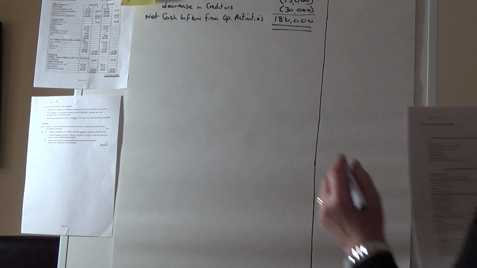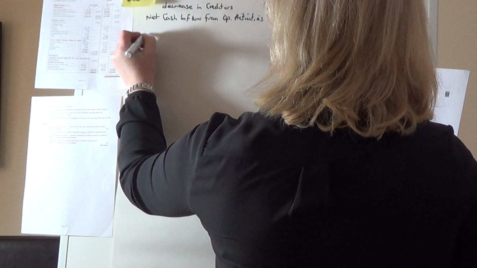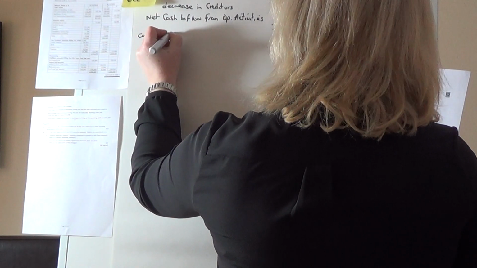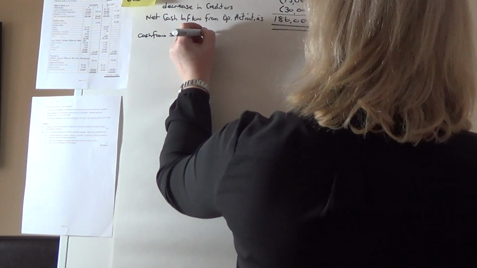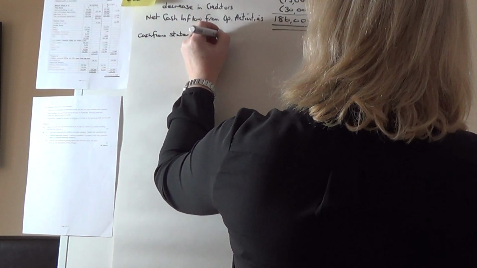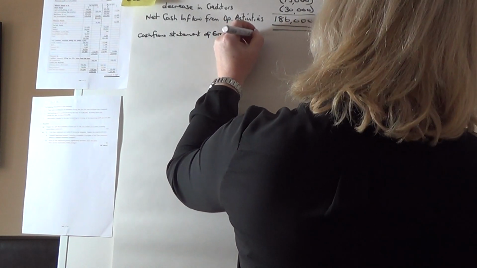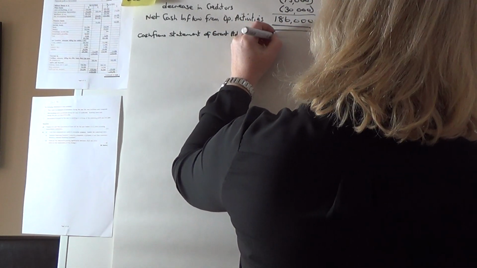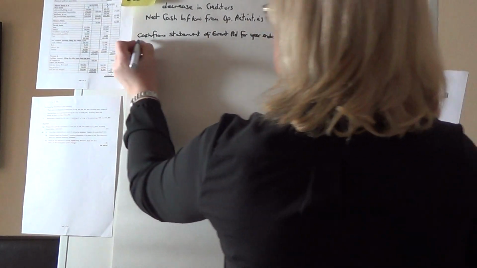Okay, so the next part of the question is the cash flow itself. So we put in your heading. So it's the cash flow statement Grant Limited for the year ended 31st of the 12th, and it's 2016.